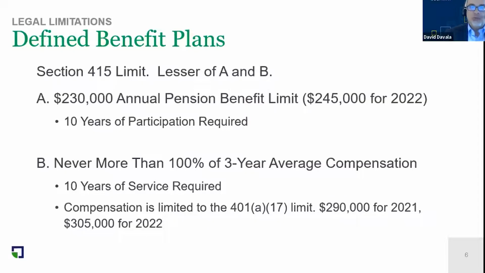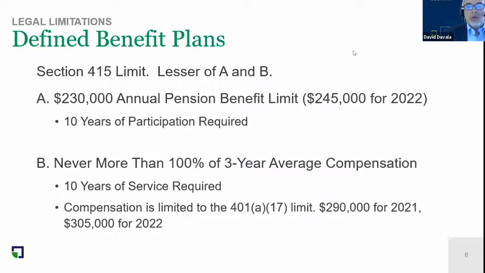You don't have to wait until the plan started to exist. And the compensation used to calculate the 3-year average is limited to the 401(a)(17) limit, which is $290,000 for 2021. It's indexed for inflation and increases to $305,000 for 2022.